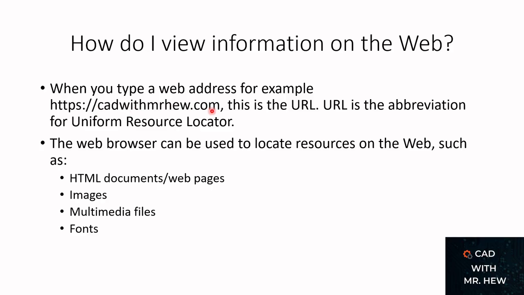There isn't a website called cadwithmrhugh.com. And this is a URL. URL is the abbreviation for Uniform Resource Locator. The web browser can be used to locate resources on the web, such as HTML documents or web pages, images, multimedia files, and fonts.